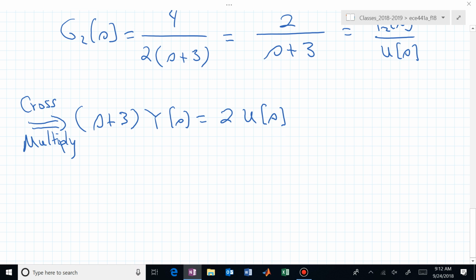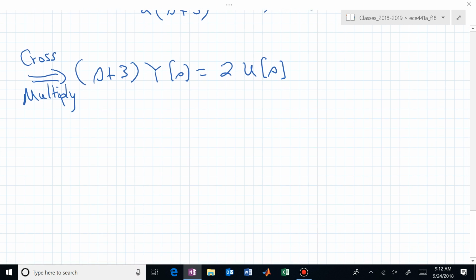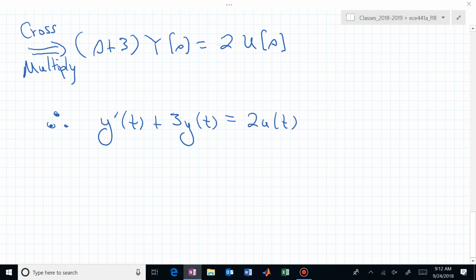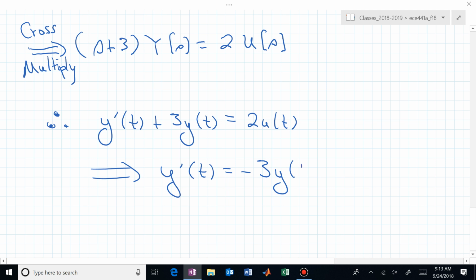We can now put this into the time domain and say we have y prime of t plus 3y of t equaling 2u of t. Or y prime of t is equal to minus 3y of t plus 2u of t.